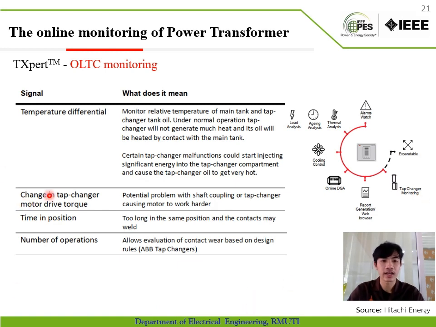And we monitor changes in temperature because when it changes too frequently, it causes the motor to work harder, but when it stays too long in the same position it can cause contact wear. And the last one is monitoring the number of operations, because when it exceeds the limit, the operator must take maintenance on the on-load tap changer, and the number of operations is based on the design of the manufacturer.